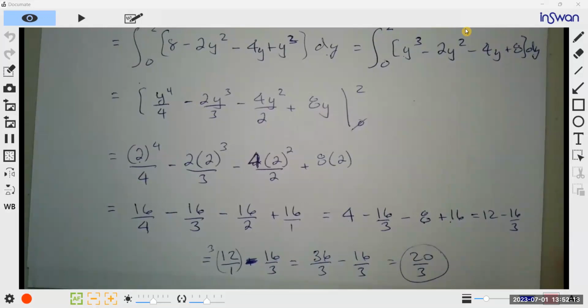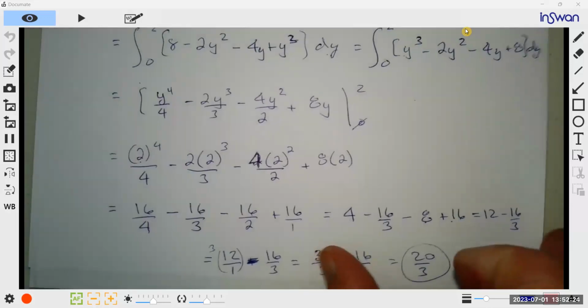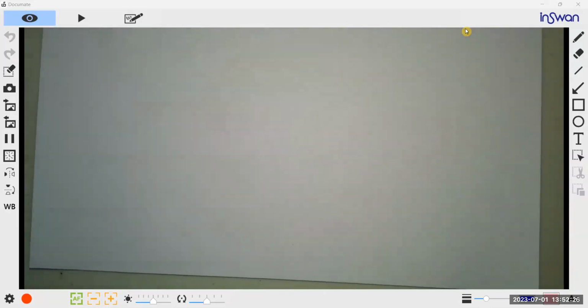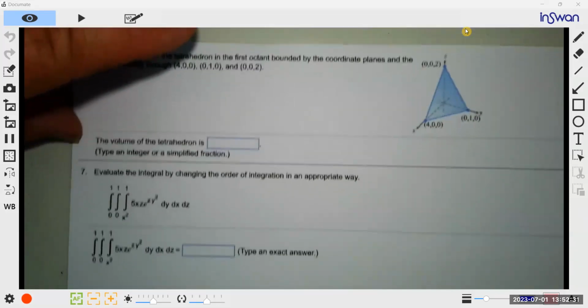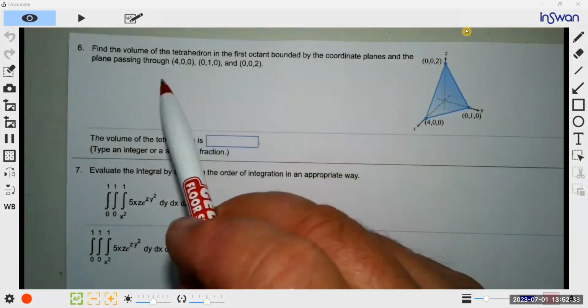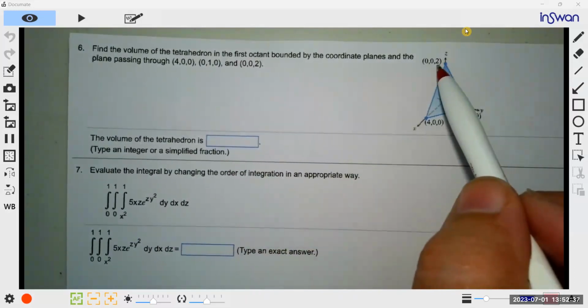Okay, now where's number 6? Here they are. Number 6. Find the volume of a tetrahedron in the first octant bounded by the coordinate planes.